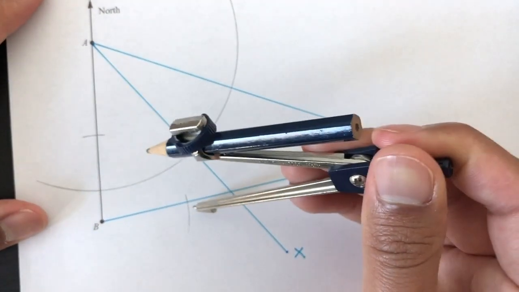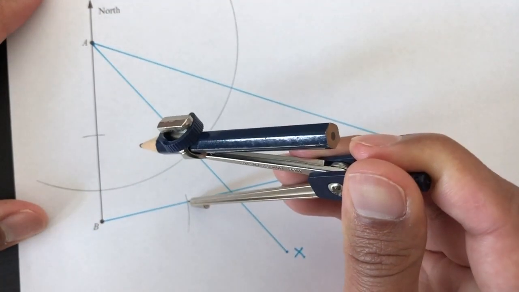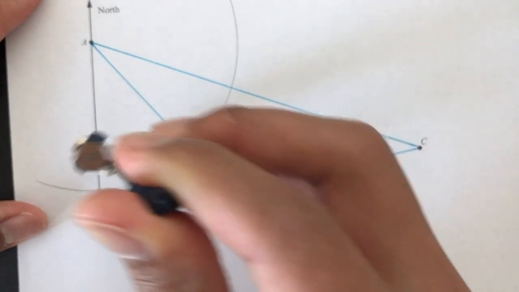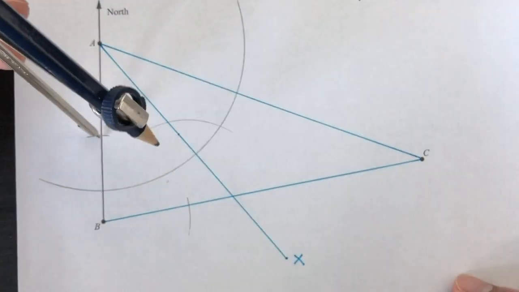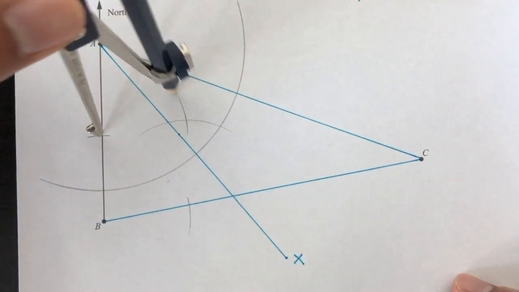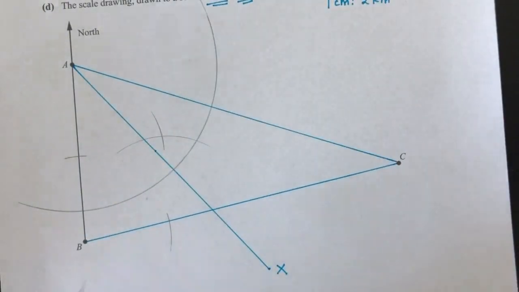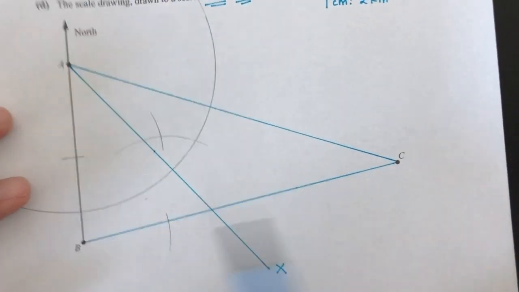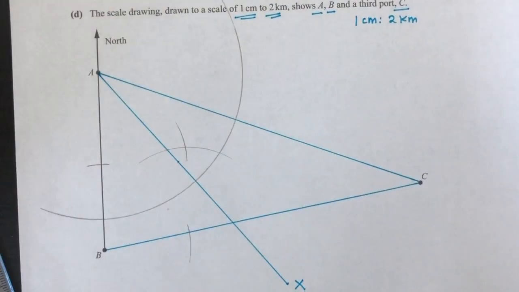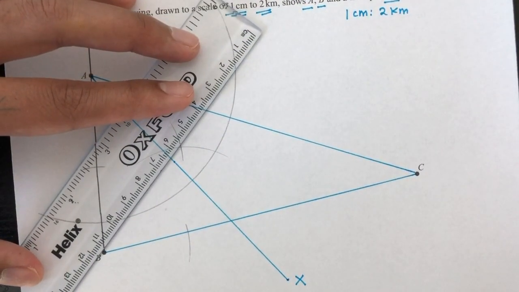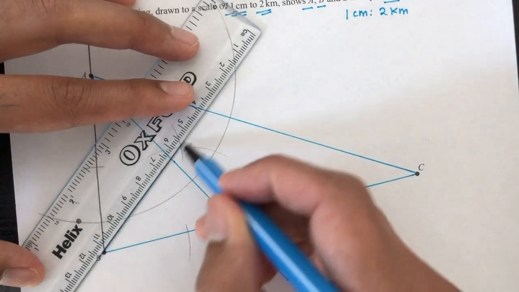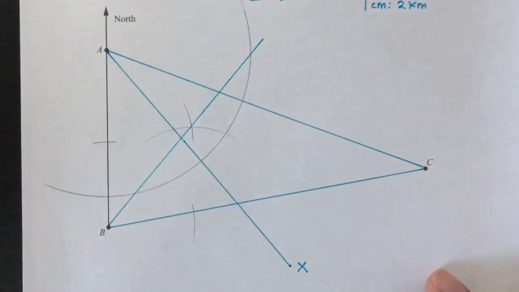Now with the same distance, go on these 2 points and then make an arc inside of the triangle. Go on this one, intersect the first one. So here you will have 1 point of intersection and the other one is here. So connect these two to form the bisector of the angle B. So that will be the other part.